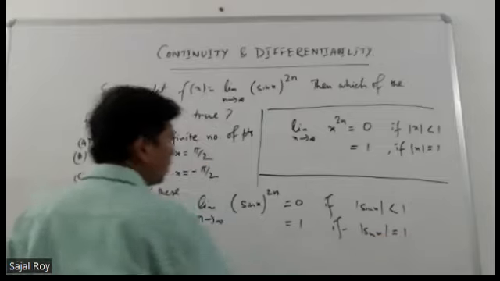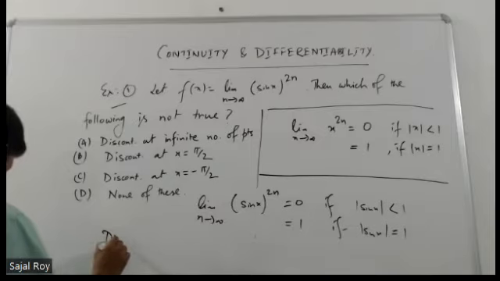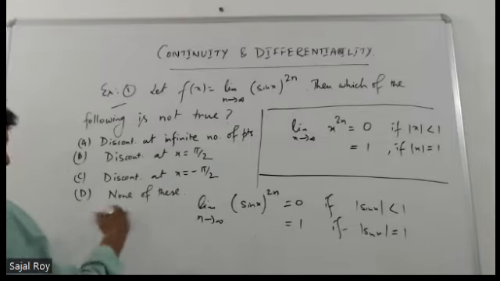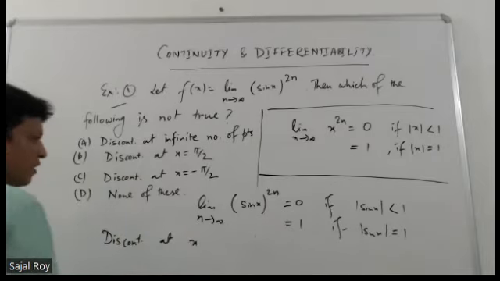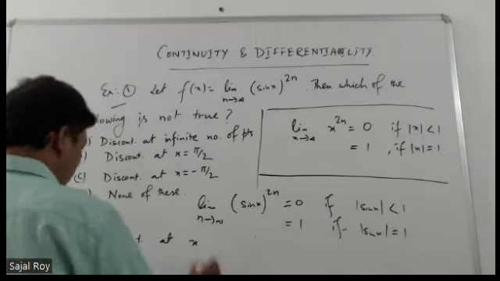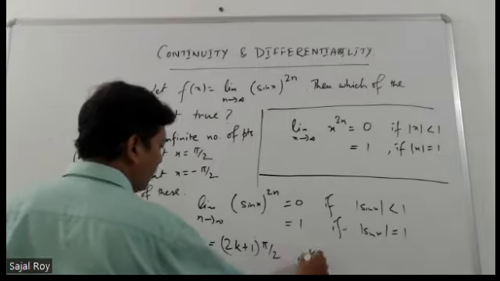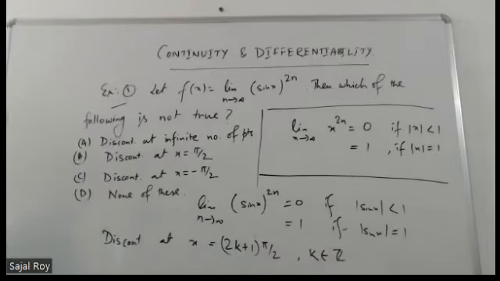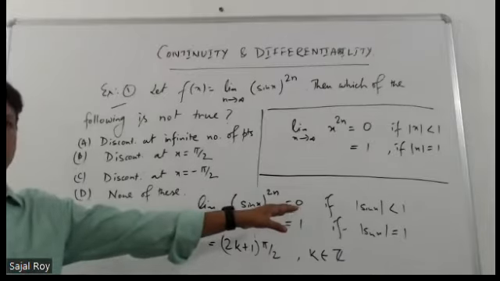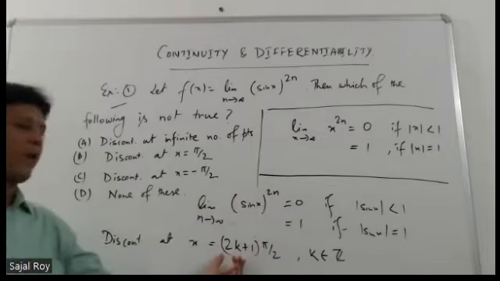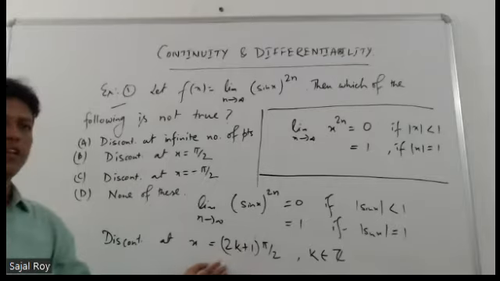It is continuous for all x except where sin x equals 1. That means x equal to (2k plus 1) into pi by 2, where k is an integer. At these points sin x is 1, so these are the points of discontinuity.